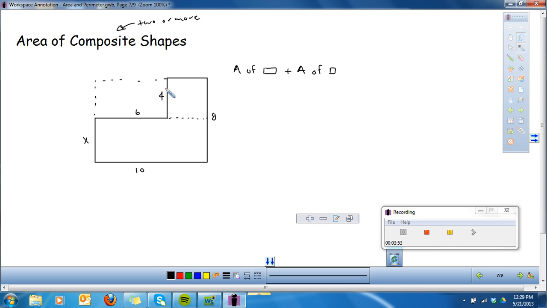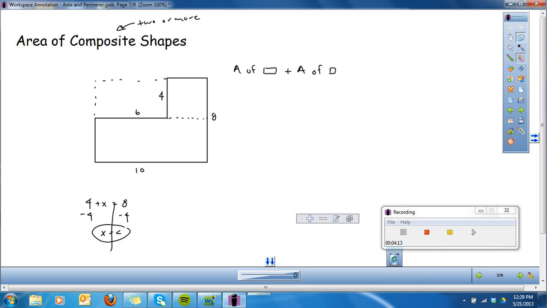So to figure out that missing side, I'm just going to write an equation for myself. 4 plus x equals 8. Let's go ahead and solve for x. I'm going to minus 4 from both sides. So x is equal to 4. So we know that this side we're missing over here is 4.